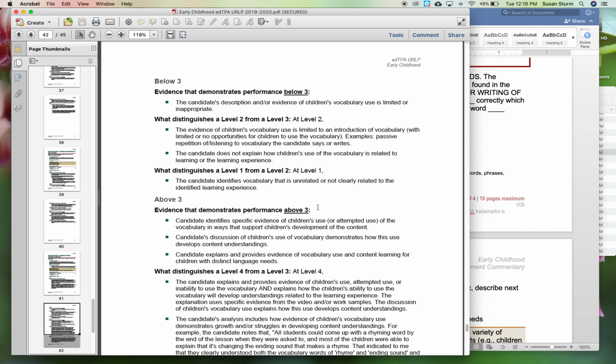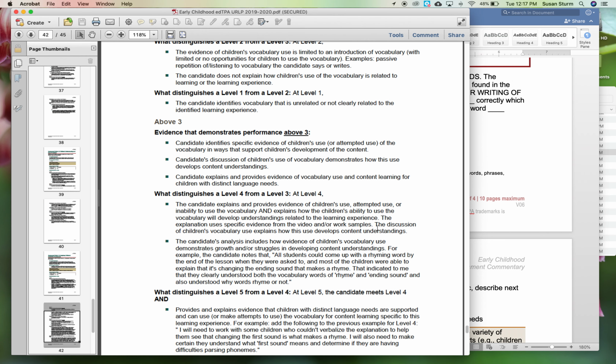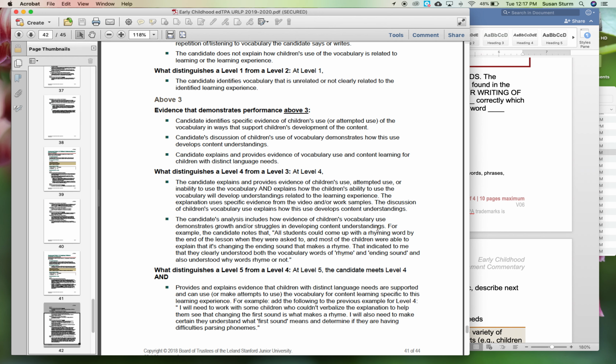Let's check out a level 4. Explains and provides evidence of the children's use, attempted use. We've done that. And explains how the children's ability to use the vocab will develop understandings related to the learning experience. Ooh, going a step further. How this use develops content understandings.